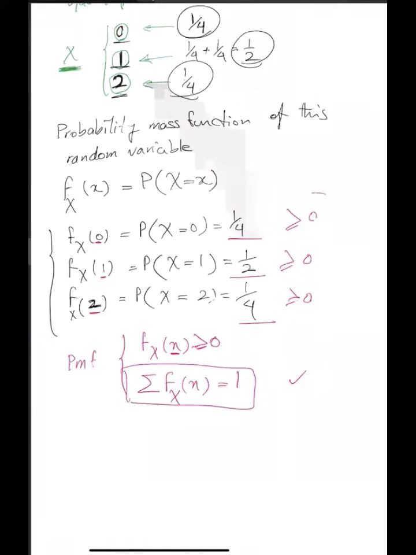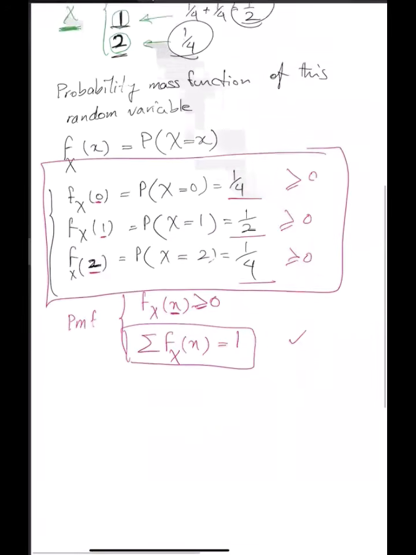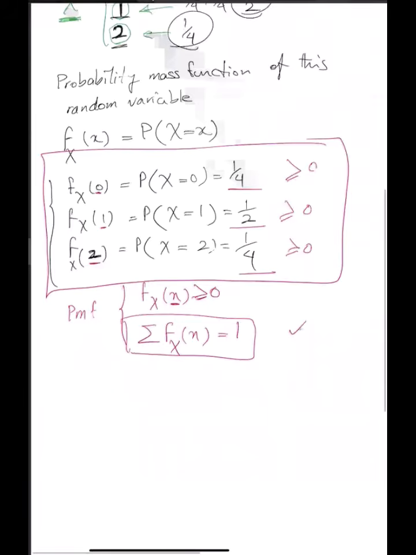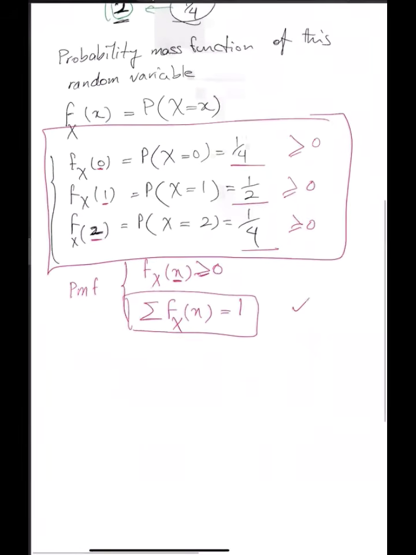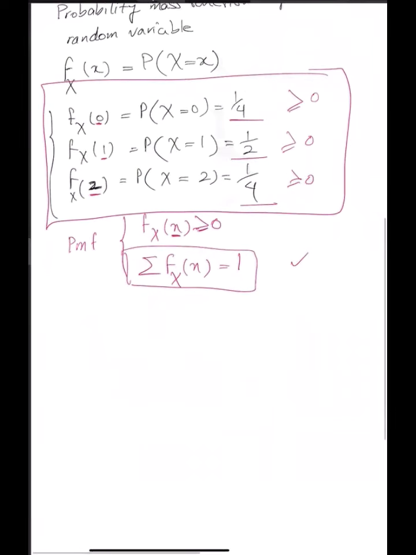So this definitely holds the definition of a probability mass function for this random variable. If I have something like this, then I can say that I have the probability mass function of a random variable. I can tell you the possible values, and I can tell you the probability of each. Okay, so that was the probability mass function.